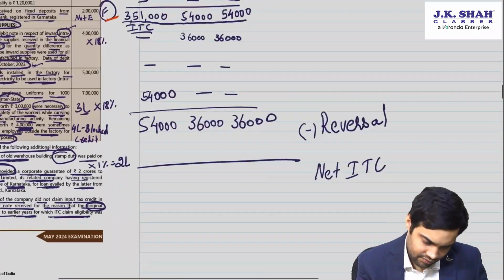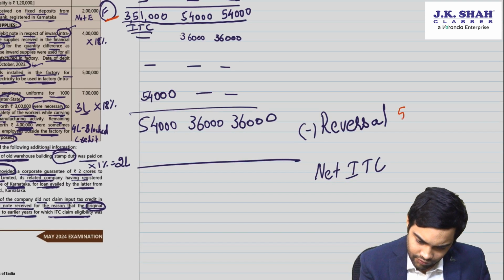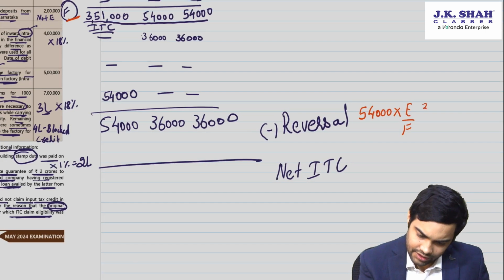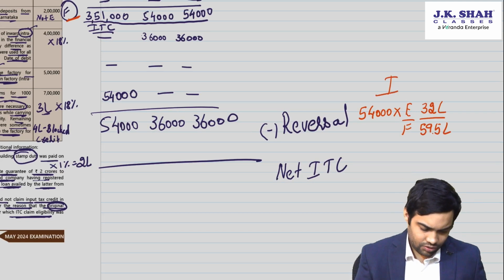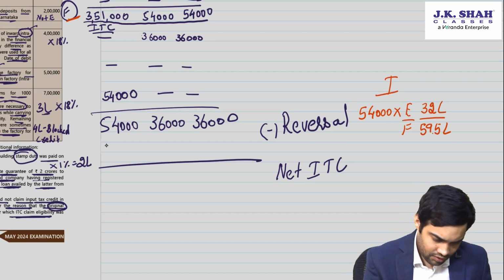So reversal will be 54,000 into E by F. E by F is 32 lakh divided by 59.5 lakh. This is for I. We will have to repeat it for all three. So 54,000 into 32 divided by 59.5 comes to 29,042.